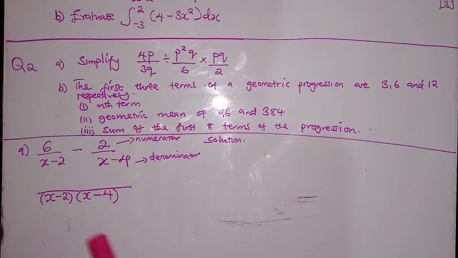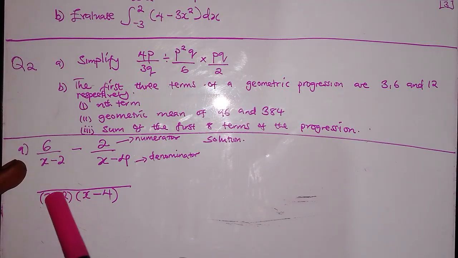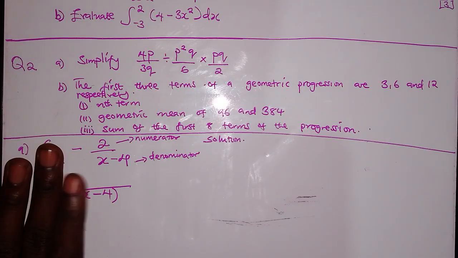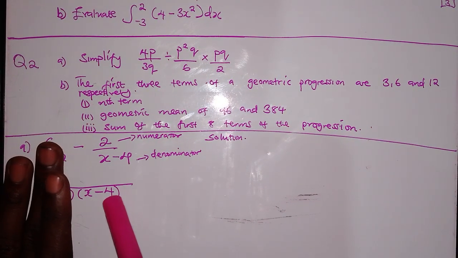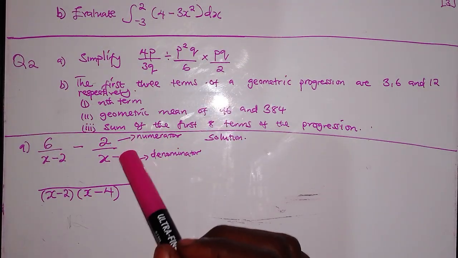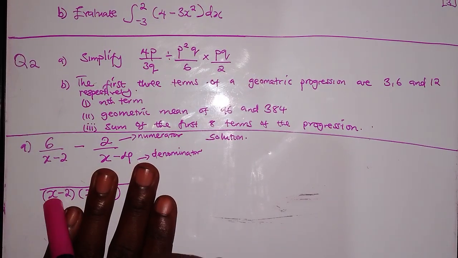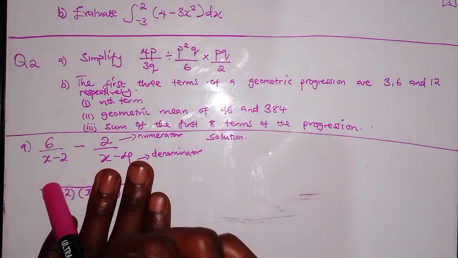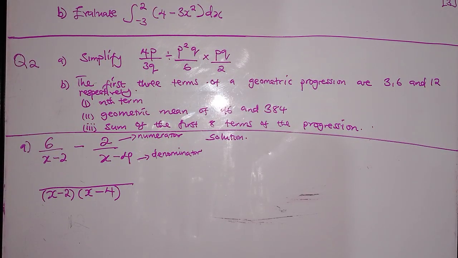Because if we say x minus 2 divided by x minus 2, of course we have 1, which means we remain with x minus 4 times 6. Same, if you say x minus 4 divided by x minus 4, we are going to remain with x minus 2, which will multiply by 2. That's how subtraction and addition works.